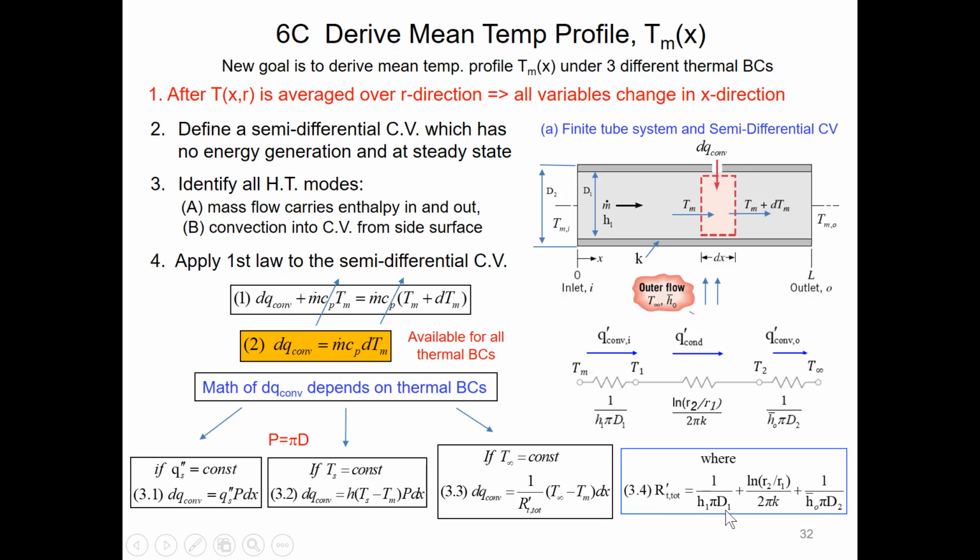It is a summation of internal convection thermal resistance plus the conduction thermal resistance in the tube wall plus the convection thermal resistance outside the tube. This is the thermal circuit, which shows how they're related. They're in series.